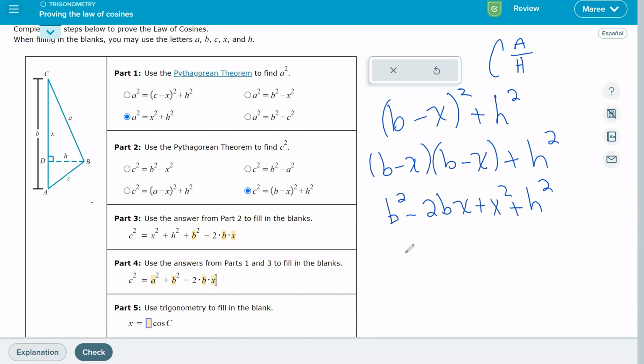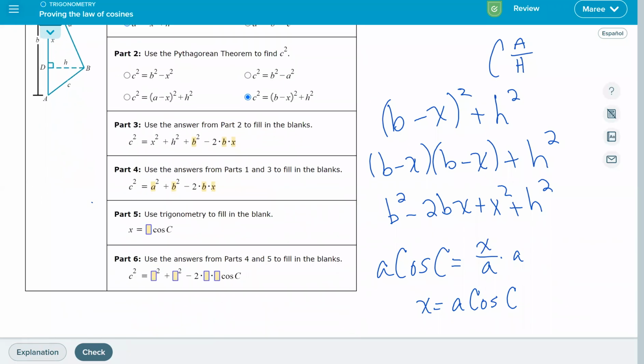So cosine of c equals the fraction x over a. Take a look at the triangle and make sure you can see that the cosine of c is x over a. When we multiply both sides by a, we get x is equal to a cosine of c. So that's going to help us in our formula. We have to type in a cosine c.